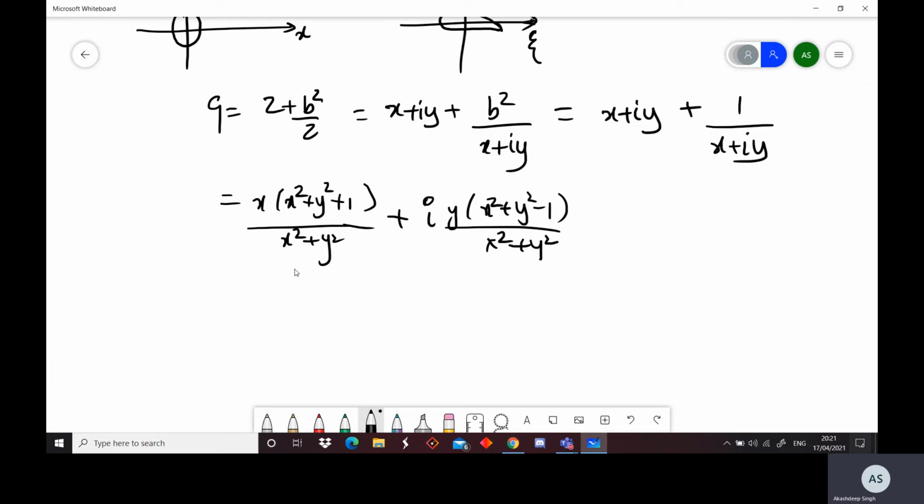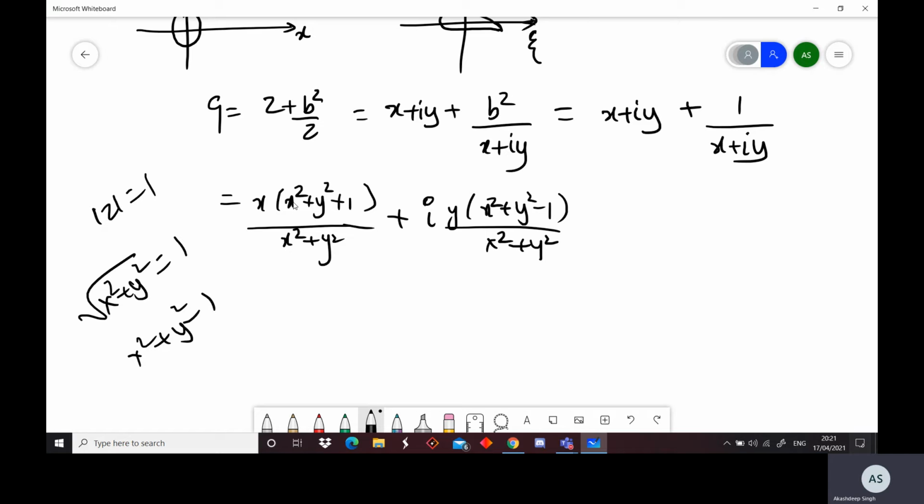And if we consider the case of a unit circle, mod z should be equal to 1, because mod z is nothing but the square root of x square plus y square. So x square plus y square equals 1, a circle centered at 0 with radius unity.